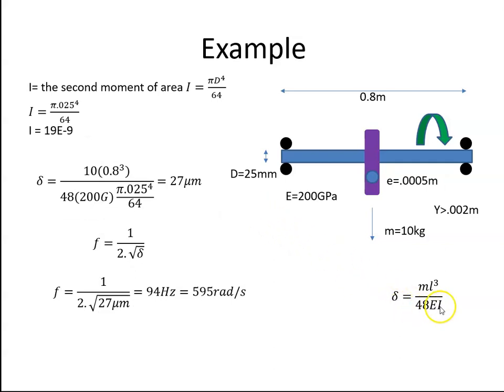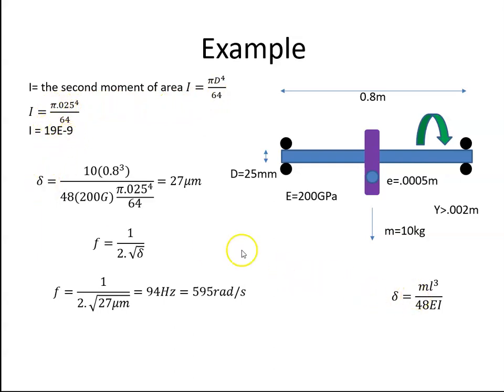In the deflection we have this value I, the second moment of area, and the second moment of area for a circular section is pi d to the power 4 over 64. We get that from tables. I may have derived that in a previous video. So that is my second moment of area.